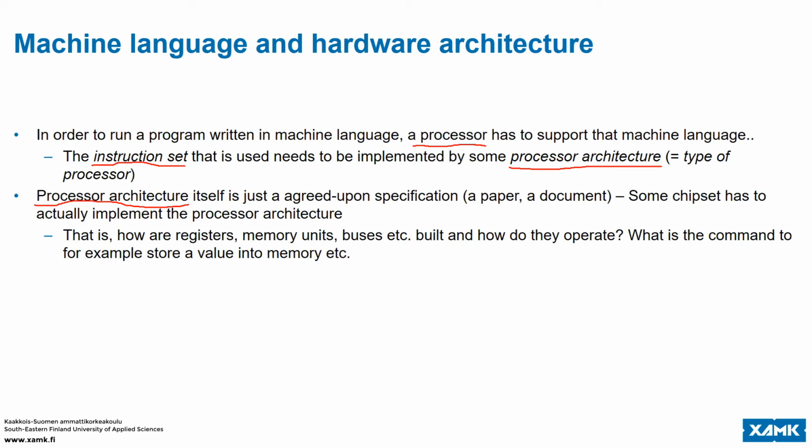So this is also just a document. It doesn't actually tell us anything about the actual chipset that will implement this processor architecture. The chipset basically means how registers, memory units and buses are built and how they operate, and what the exact binary instruction is to store some value into memory, and so forth.